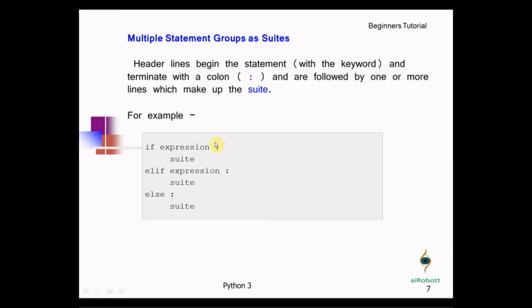Here see, this is the colon. This is the beginning of the expressions. Now this is a suite. A suite is nothing but a group of individual statements, called a suite here like this.